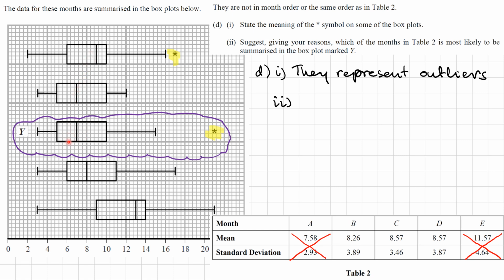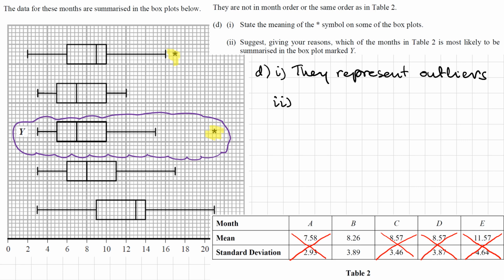Okay, so Y has a lowish mean or median compared to the others. It looks like it's got the lowest median, so we're expecting the mean to be lower as well, and that leads me to believe that it's going to be this one here, because both C and D have slightly higher means. So I need to put my conclusion into words.